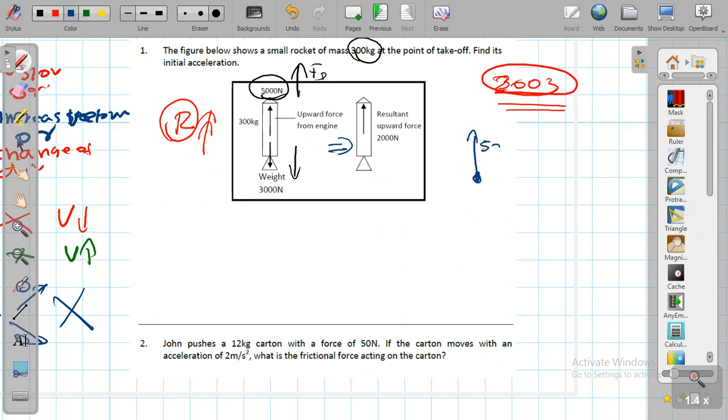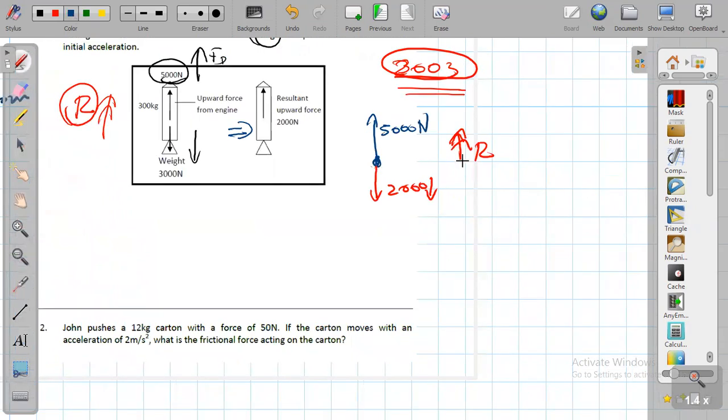It's 5,000 Newton in the upward direction, and there is a force of 2,000 Newton in the downward direction. So what is the resultant force? The resultant is towards upward. How to get the resultant? The bigger force subtracted by the smaller force.